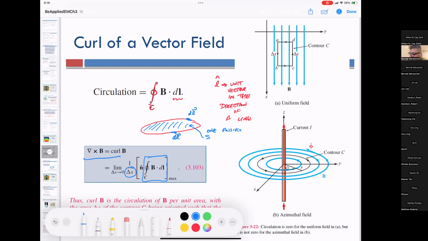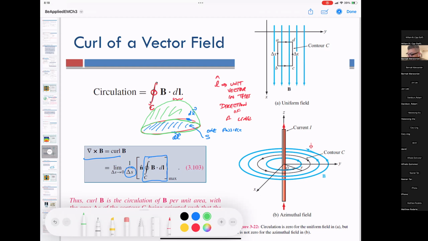But notice that's not the only possible S that this line could be the lip of. If I had an S that was more like a dome, the lip would still be defined by the same line, but it would be a different S. But it's basically the limit of that S going to 0.